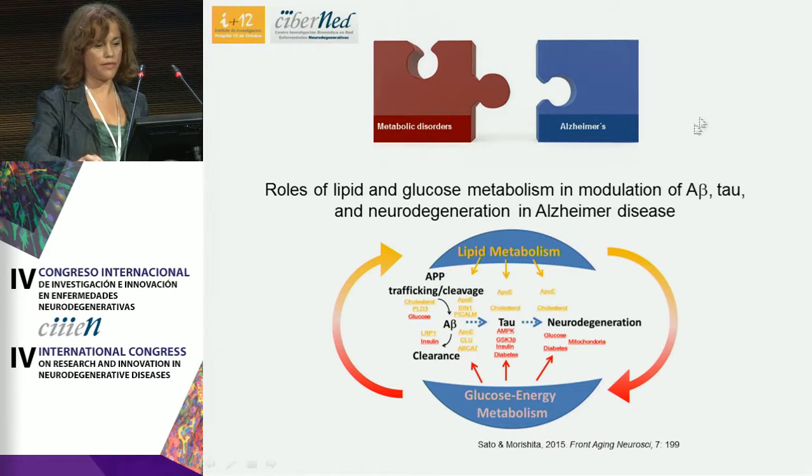It's a fact that the concept of Alzheimer's disease is changing in these very recent years. Today, very briefly in this presentation, we are talking about the dysregulation in lipid or glucose metabolism that are affecting the processing of APP, affecting phosphorylation of tau, and inducing neurodegeneration.